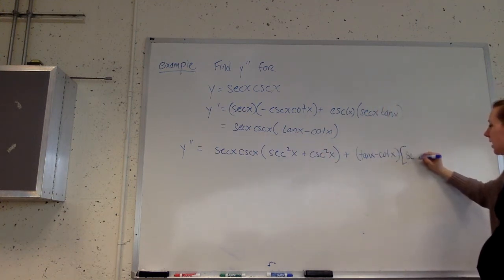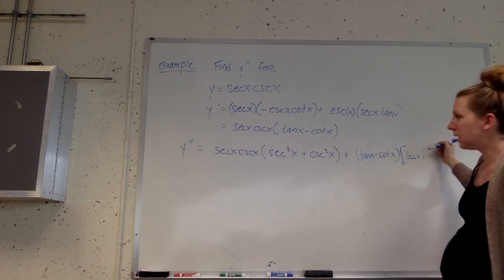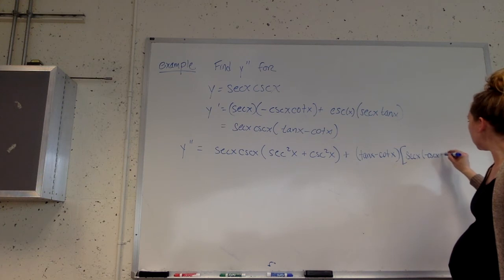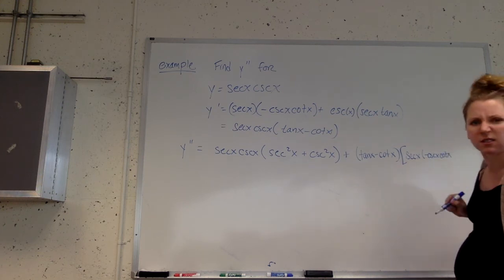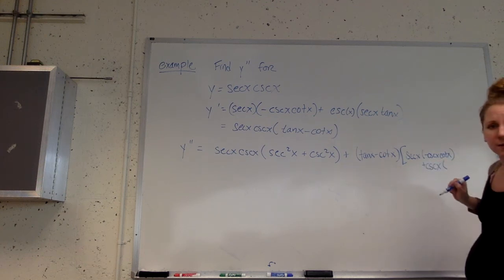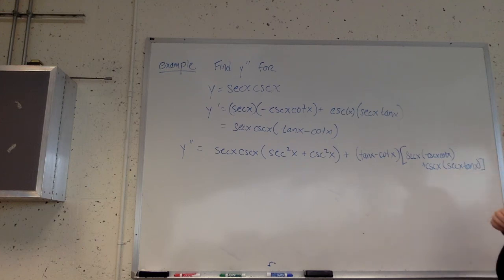So I'd have secant times the derivative of cosecant, which is minus cosecant cotangent. We can see that. Plus cosecant times the derivative of secant, which is secant times tangent. Haven't gone off the board yet.